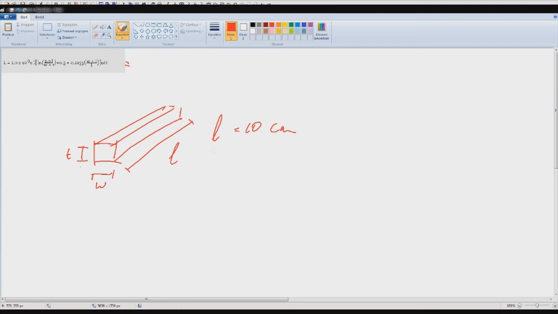The width then to be, let's say, 3 centimeters, and the height also 3 centimeters. And if I fill this in the calculator, I get an inductance of 36 nanohenries, but this is only one side.